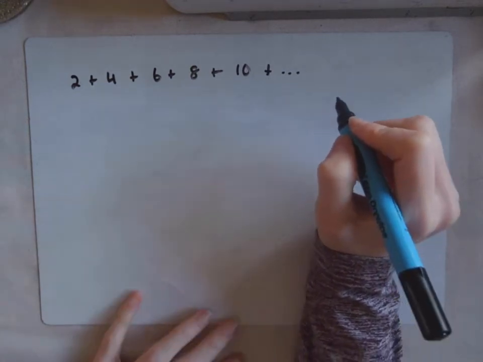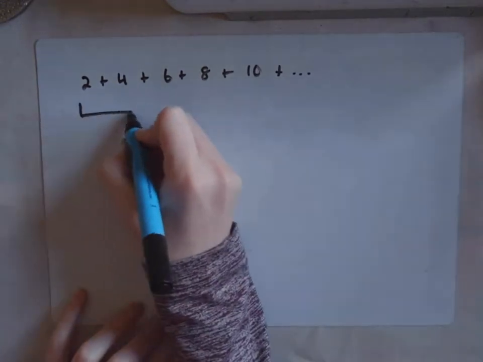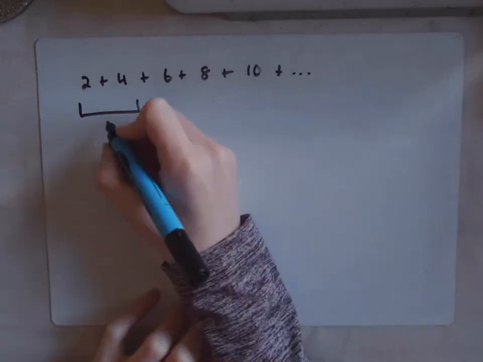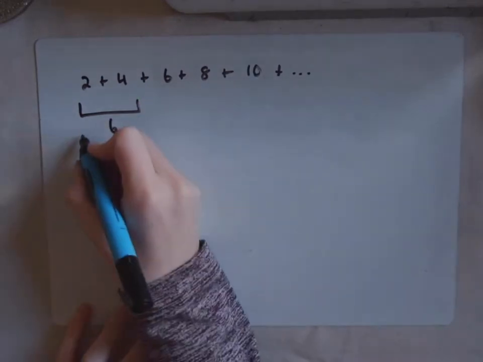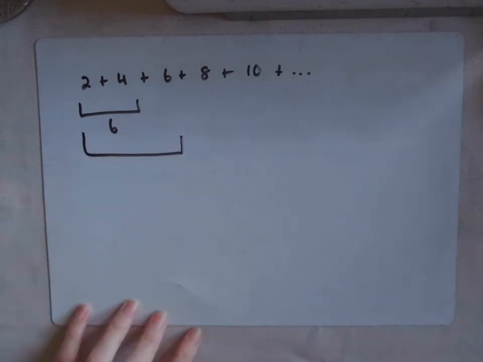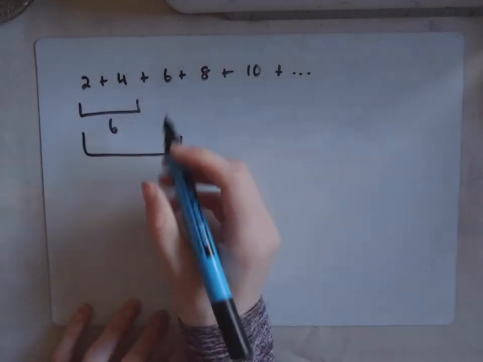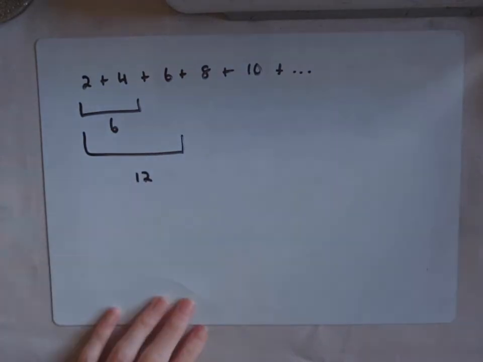And the sum of the first three terms would be 4 plus 2, which is 6, plus 6, which is 12. Now, if I take those two away from each other, 6 from the 12, I'm left with that 6. Okay? Now, let's do that again.